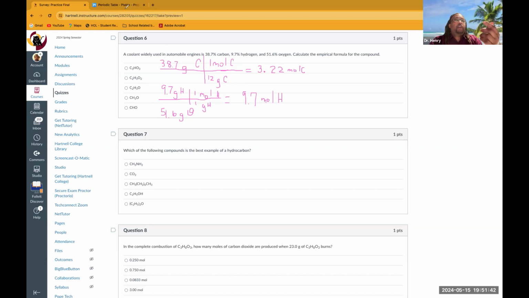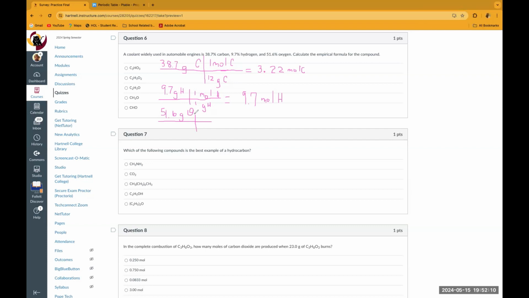But let's say you had chlorine, which is 35.45. In that case we don't want to round it, because it's in that middle part. You wouldn't want to just round it to 35, or 36.